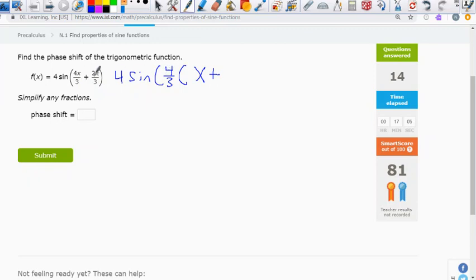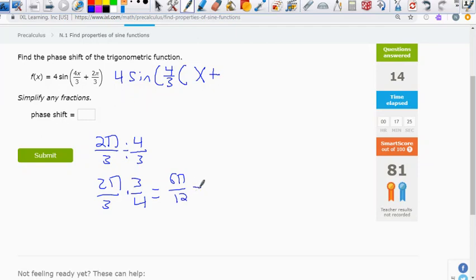Because when we factor the 4/3, we need to divide 2 pi over 3 by 4/3. That's equal to 2 pi over 3 times 3/4, which is equal to 6 pi over 12, which is equal to pi over 2. So that's going to be x plus pi over 2.